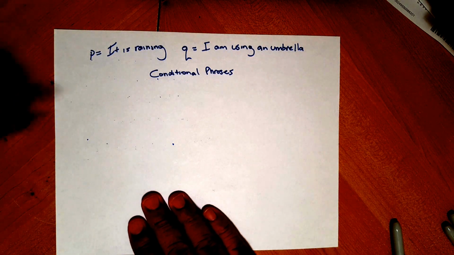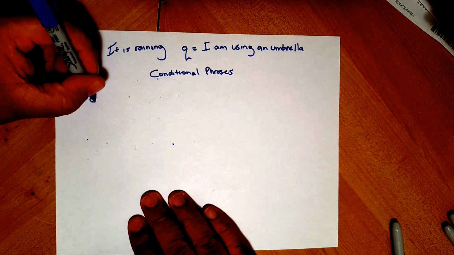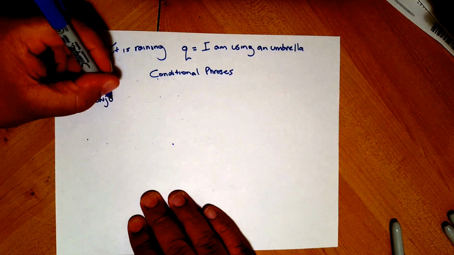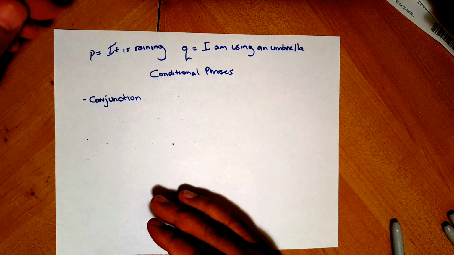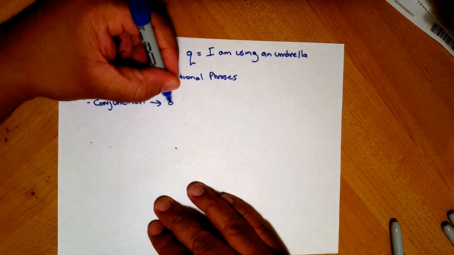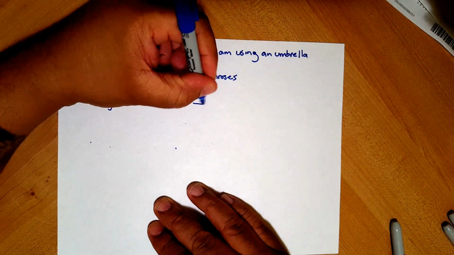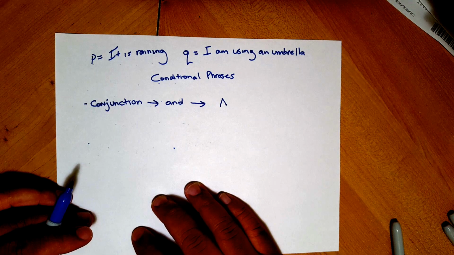So the first one is called conjunction. Conjunction, if you think about a junction, two things coming together, just means the word and. And it is this symbol, a little caret. Okay?